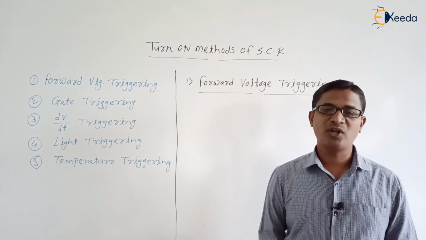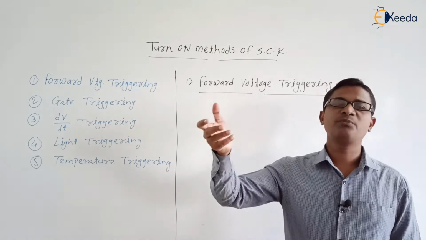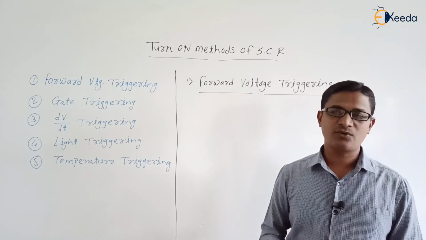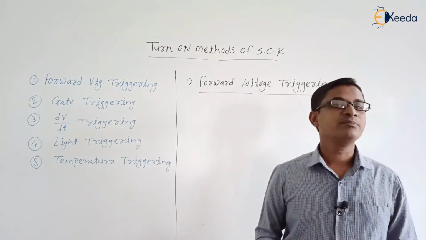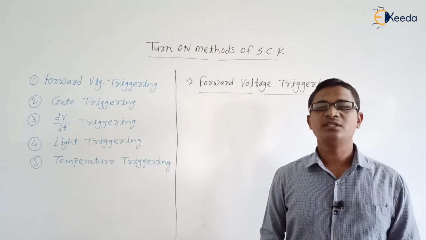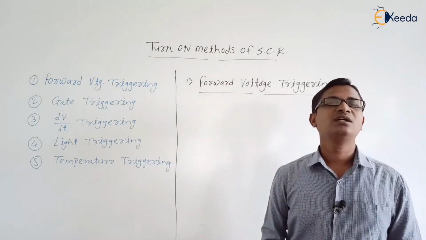The voltage polarity should be such that the anode is at a higher potential than the cathode. We have already discussed this: when the SCR is in the forward bias mode, junctions J1 and J3 are in the forward bias mode, and junction J2 is in the reverse bias mode.